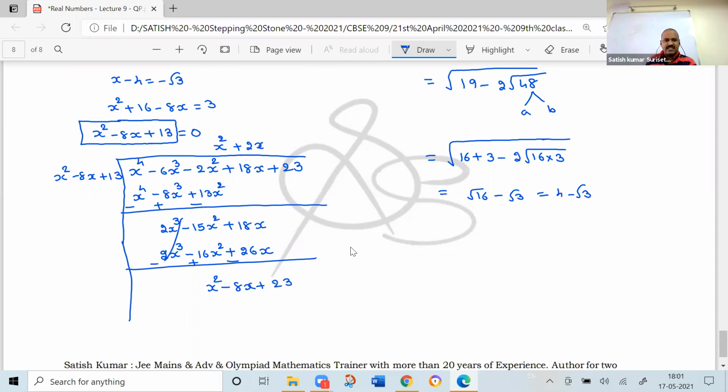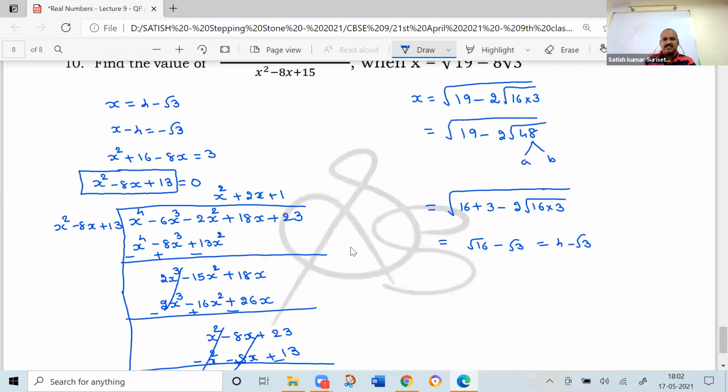Again, here x square is there, here also x square is there, so plus 1. So x square minus 8x plus 13. And I subtract. So minus plus minus. So this gets cancelled. This also gets cancelled. 23 minus 13, so that is 10.